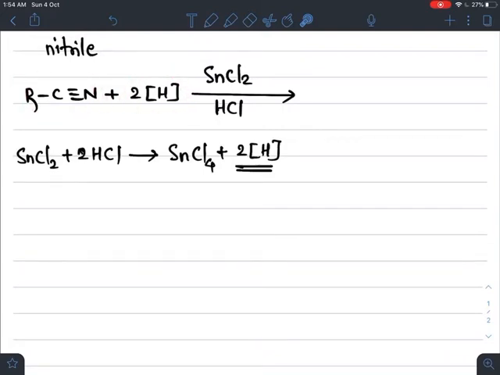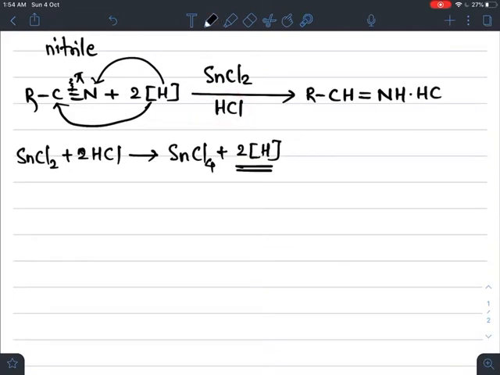So what happened during the reaction? One pi bond breaks between carbon and nitrogen, and one hydrogen is added to carbon and the other hydrogen is added to nitrogen. So we get the intermediate compound, which is RCH double bond NH along with HCl.